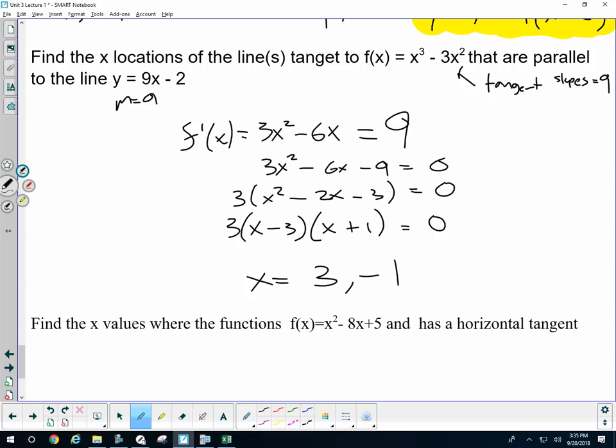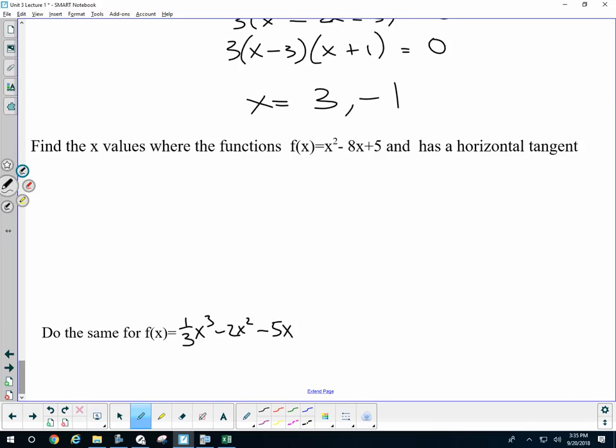The meat of the problem was, what do we do after we found the derivatives? We will find many, many, many locations for the rest of this semester of locations of horizontal tangents. Discuss with your neighbor what you think you need to do here.